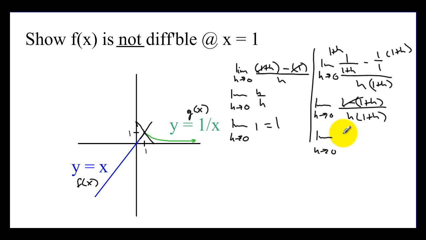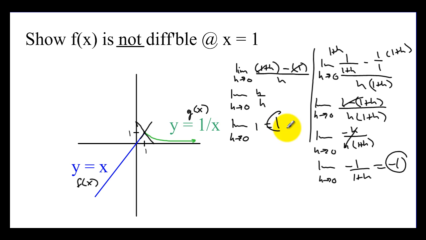So we have negative h over h times 1 plus h. The h's will cancel, leaving negative 1 over 1 plus h. Finally, we're going to plug 0 in, and we'll get negative 1. Now we've shown that there's no derivative at 1 because the slopes of the tangent lines are different. If they were the same, then it would be differentiable at x equals 1.